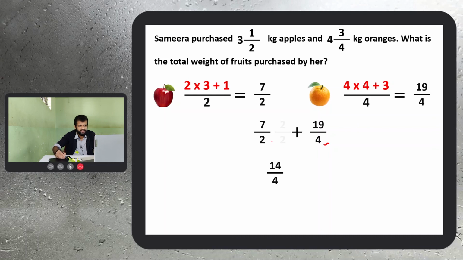All I will do is multiply any number. So here I will multiply 2 upon 2. If I multiply 2 over here upon 2, 7 into 2 will give me 14 and 2 into 2 will give me 4. So plus, this will become 19 upon 4.